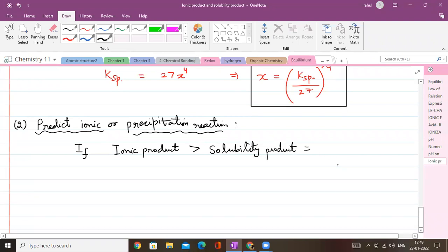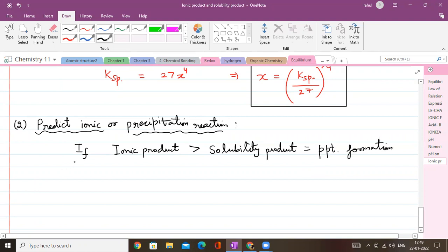Of course we are talking about a sparingly soluble salt, right? So if the ionic product is greater than solubility product, more ions are present, so they will combine, resulting in the formation of precipitate. So PPT formation will be seen here.